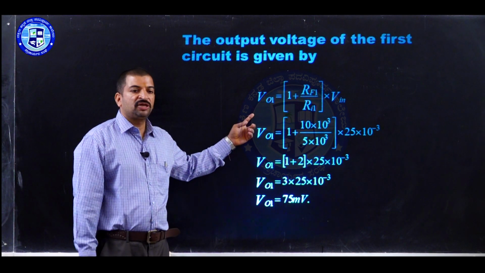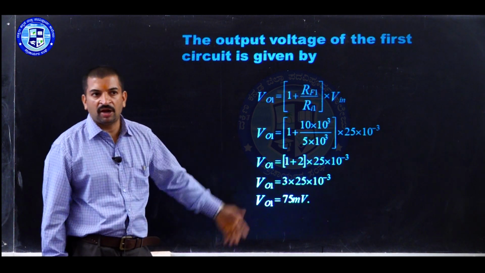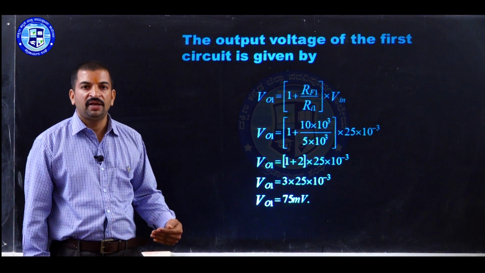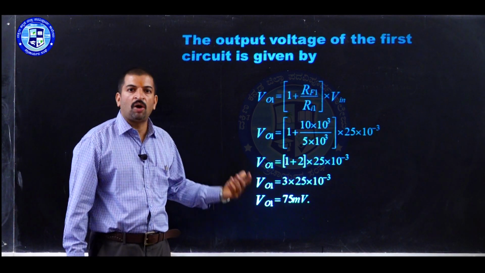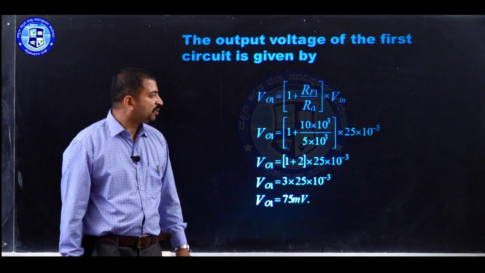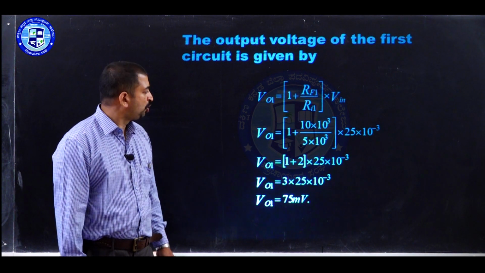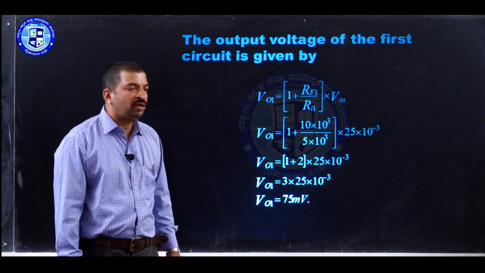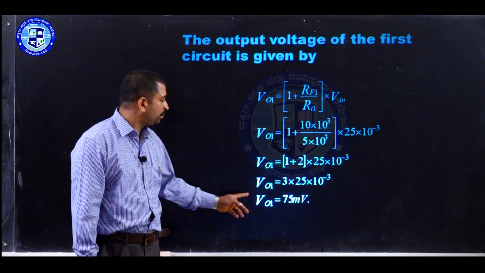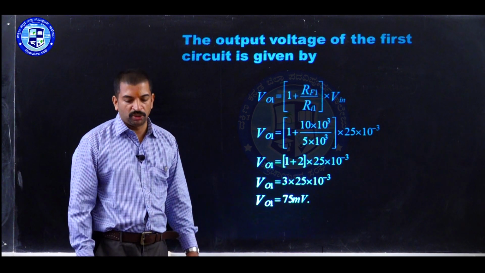Since the first circuit is a non-inverting amplifier, this formula gives the output voltage. So, VO1 equals 1 plus 10 kilo ohm divided by 5K, that is 1 plus 2, that is 3, into 25 millivolts, the input voltage. So, the output voltage of the first circuit is 75 millivolts.